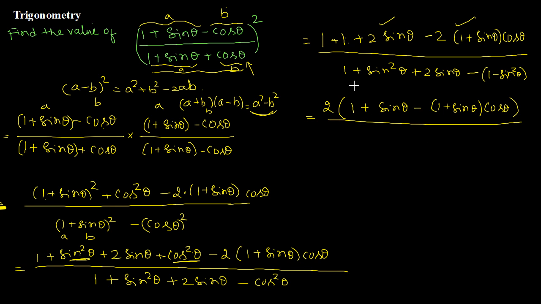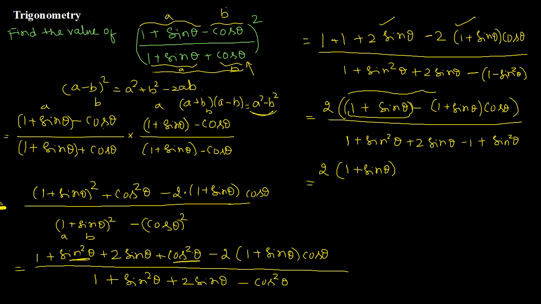Divided by, what's going to happen here? 1 plus sin² θ plus 2 sin θ minus 1, minus into minus, plus sin² θ. Although there are 3 terms, if I put bracket it doesn't hurt because the value doesn't change. And inside that, if I take 1 plus sin θ out, I'll be left with cos θ.